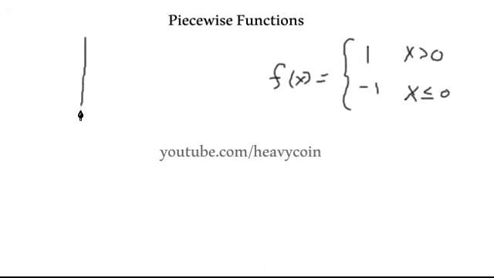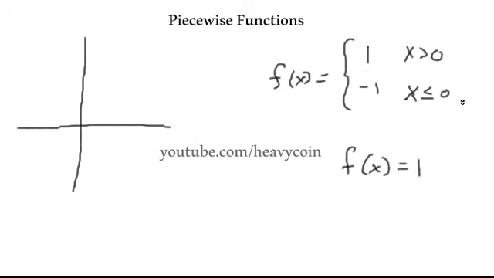So let's graph this. So you see the function's in two pieces, okay? So this part up here, this is just a constant. So this is like writing f of x is equal to 1, except we define our domain to be x is greater than 0.